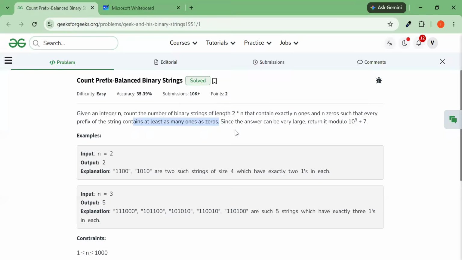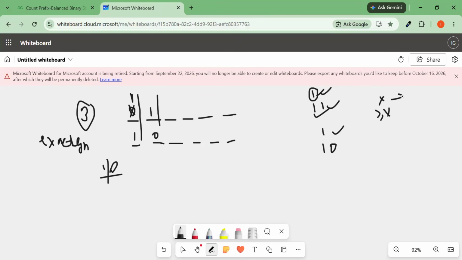In the first prefix x is 0, so it's fine. In this one x is 1, and there is also 1 one, so this is also fulfilling.